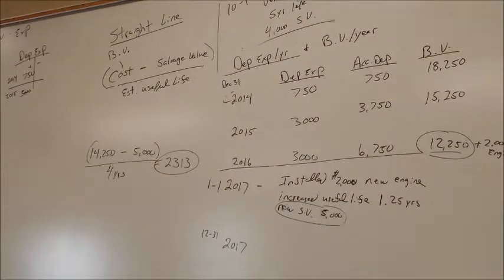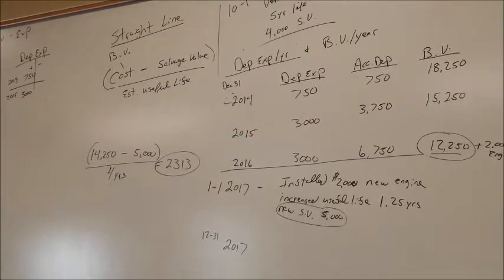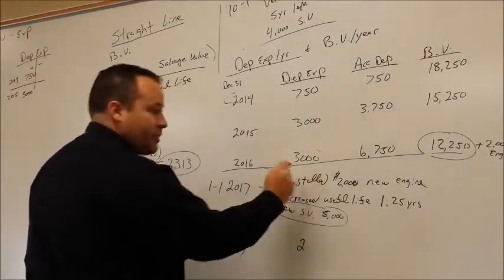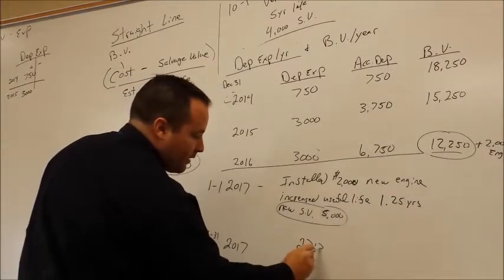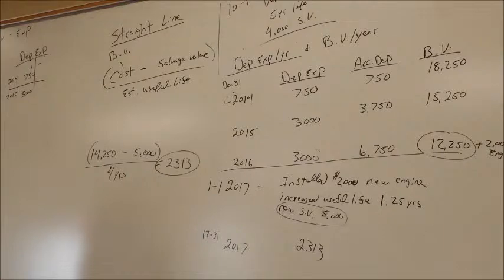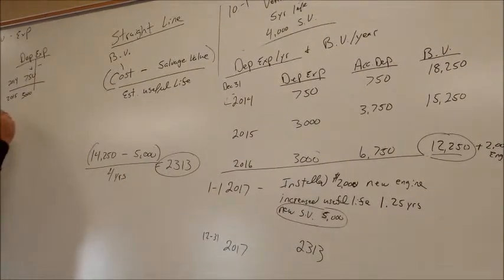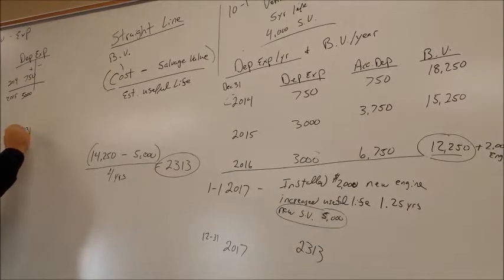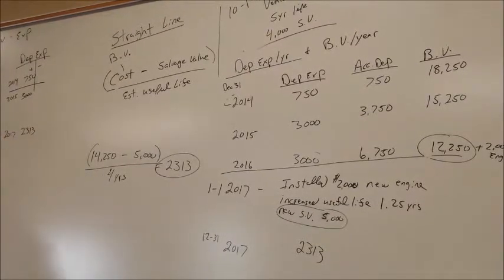Somebody else get that too? Yeah. Okay. So my new depreciation expense no longer is $3,000. I've had to recalculate it. So I'm going to depreciate in year 2017 $2,313.